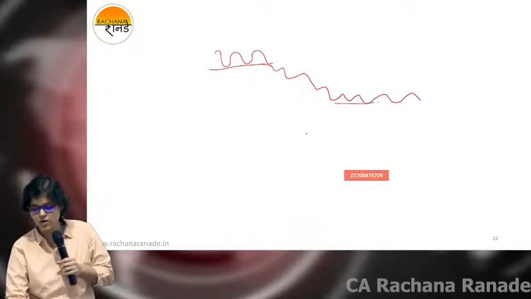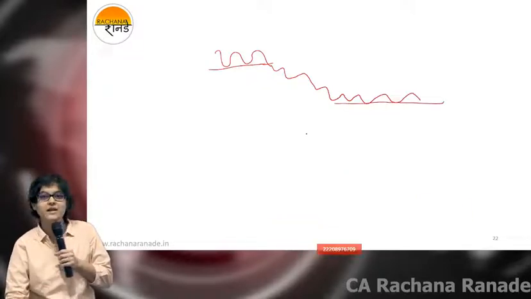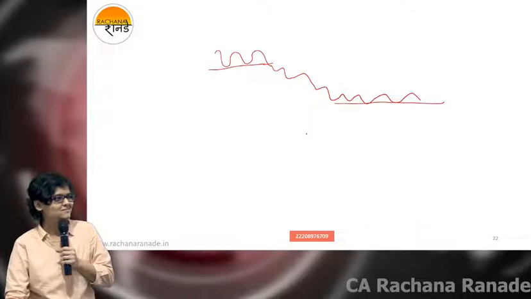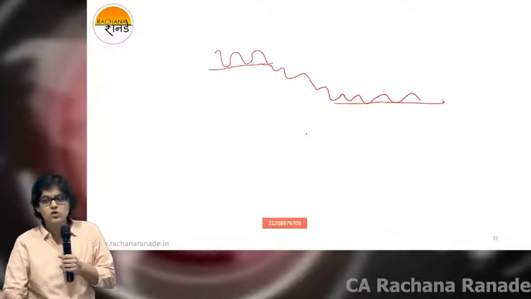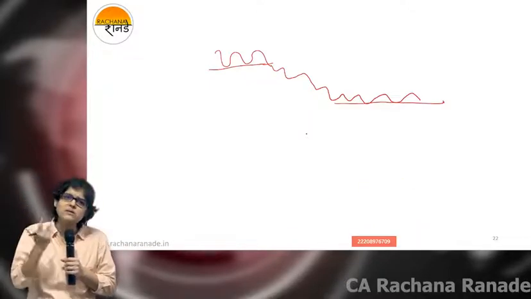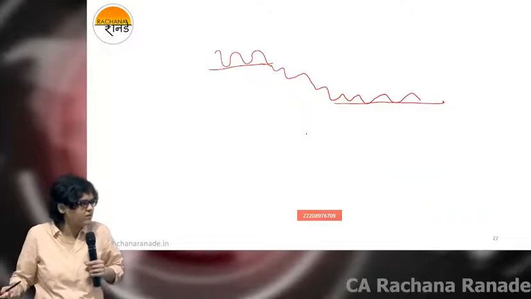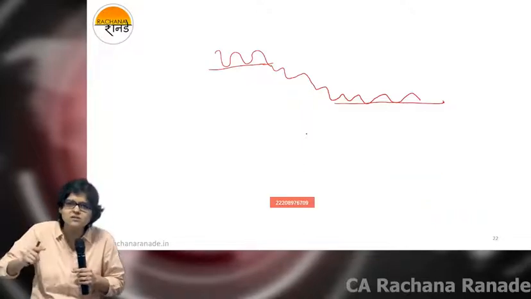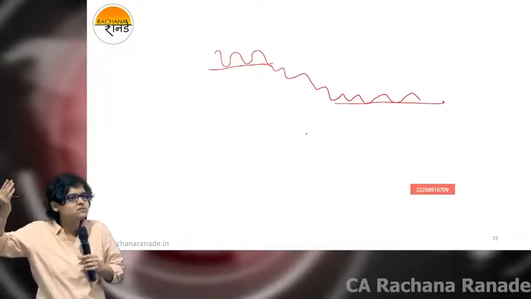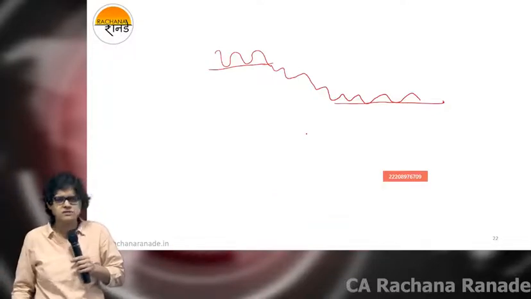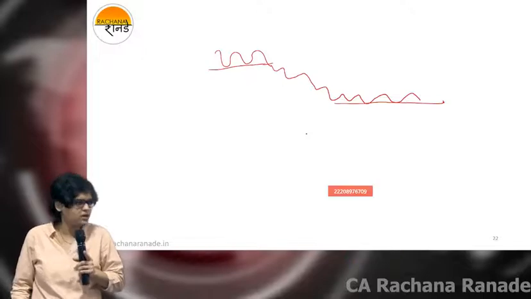This has found a new support at this level. Second tree. Is this clear? So does a stock have only one support level, or could there be multiple support levels? There could be multiple support levels. And similarly, is there only one resistance or could there be multiple resistances? There could be multiple resistances as well. Is this okay?